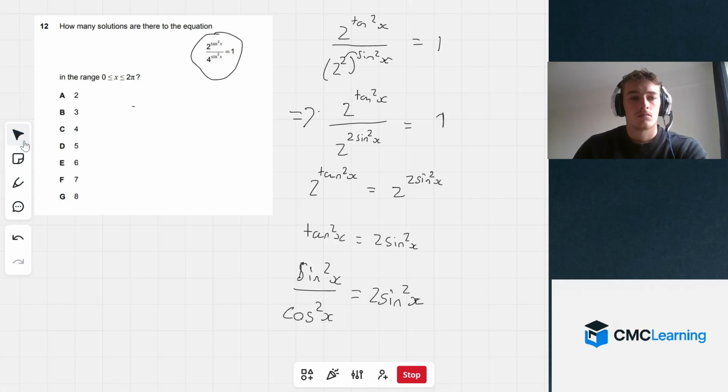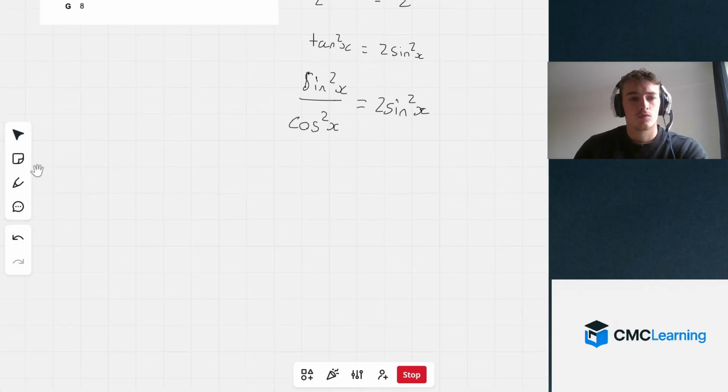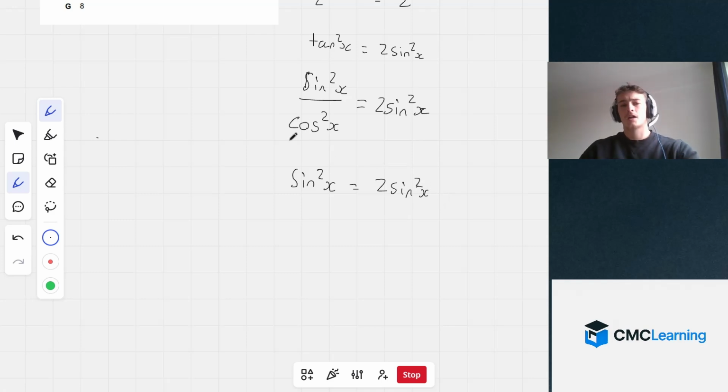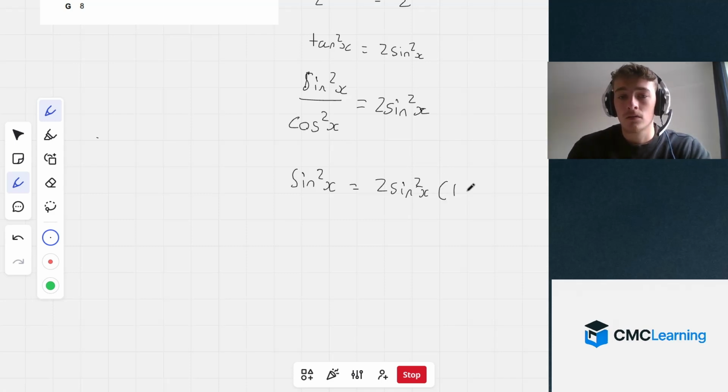Let's move down, give us more space. We can multiply both sides by cos squared x. So we have sine squared x equals 2 sine squared x times cos squared x. But I'm just going to change this cos squared x to 1 minus sine squared x. This is a well-known identity: cos squared x is equal to 1 minus sine squared x.